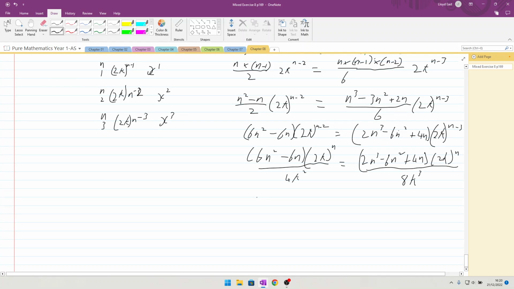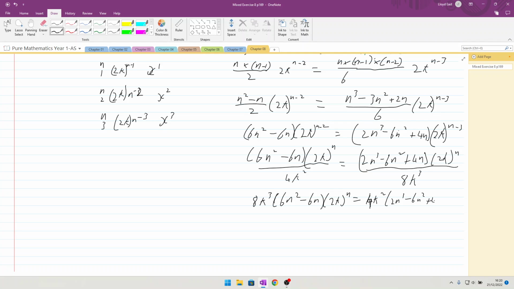Let's say that 8k cubed times 6n squared minus 6n times 2k to the n equals 4k squared times 2n cubed minus 6n squared plus 4n times 2k to the n.